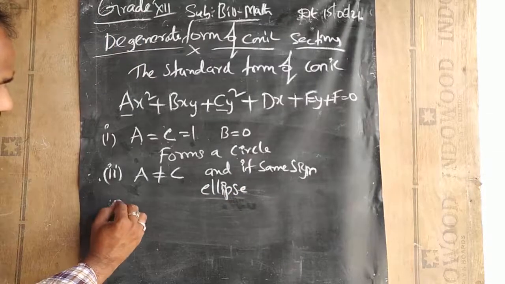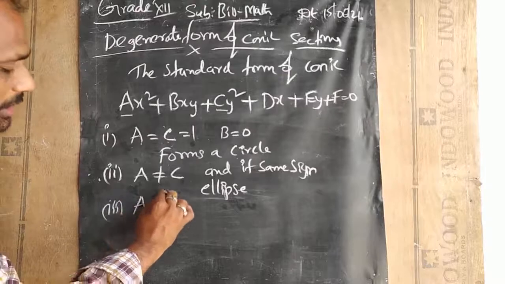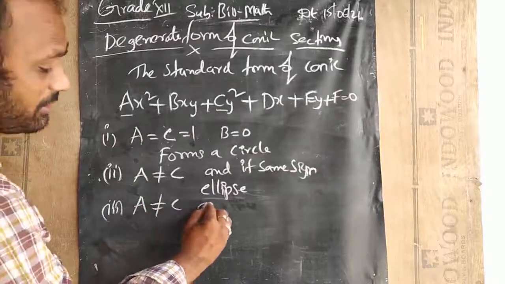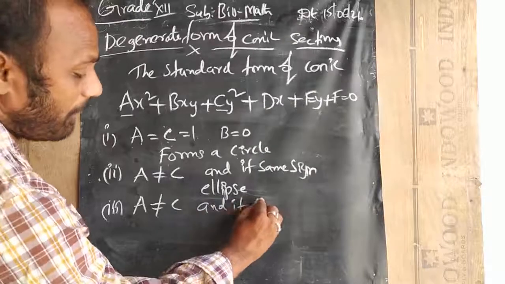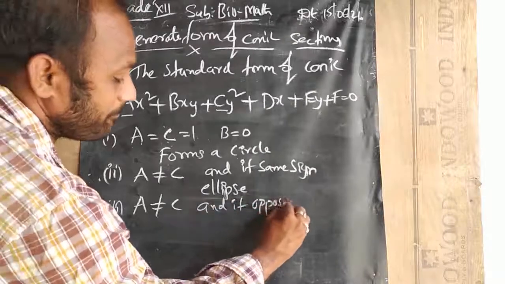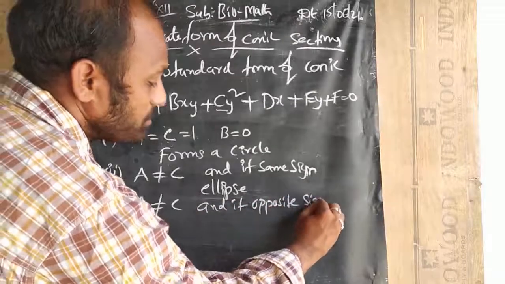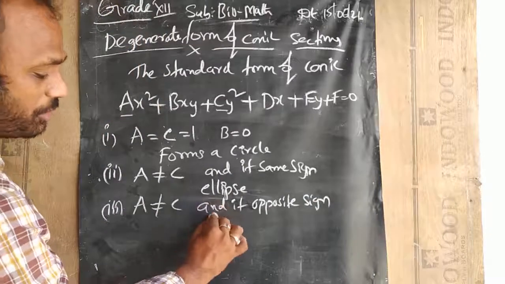Third condition, so we have four totally. If a is not equal to c and they have opposite signs, then it is going to form a hyperbola.